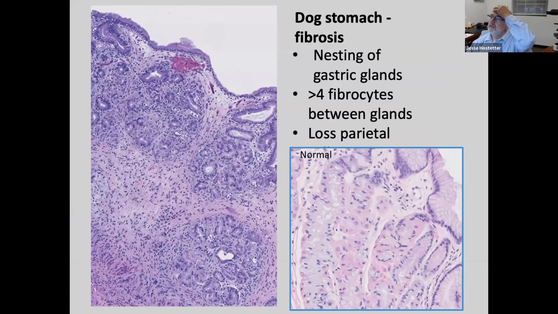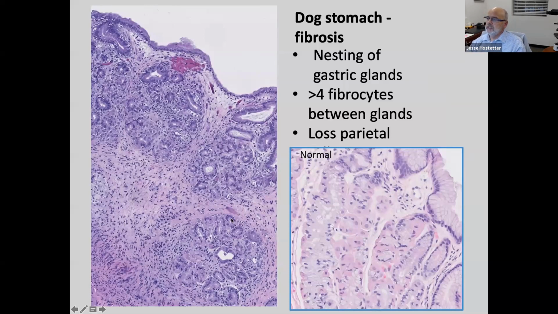All right. We'll talk about fibrosis. This is not something that I commonly see, but when you do see it, it can be a very important change. This is a dog, and again, in the normal dog, the gastric glands line up parallel to each other with one or two layers of fibroblasts or fibrocytes between each of the glands.